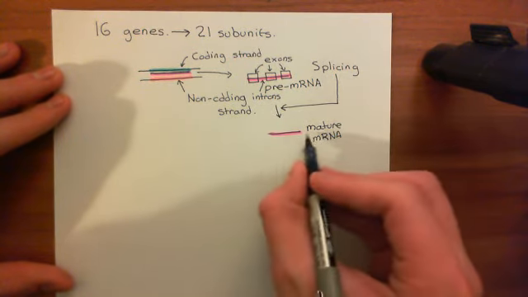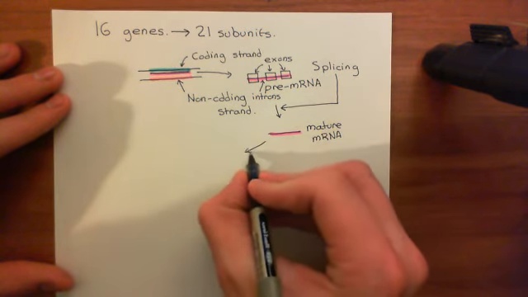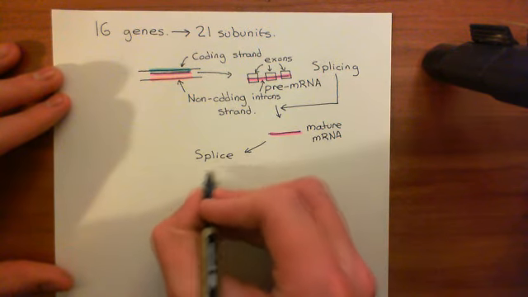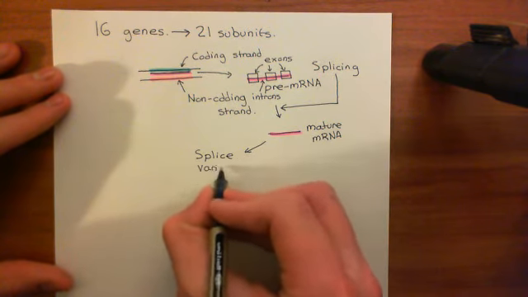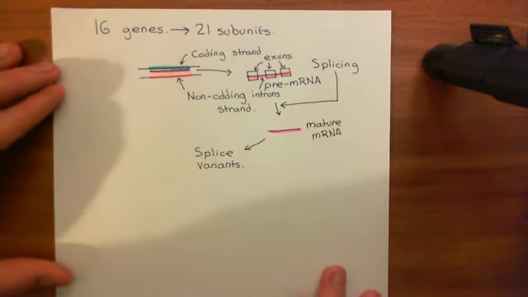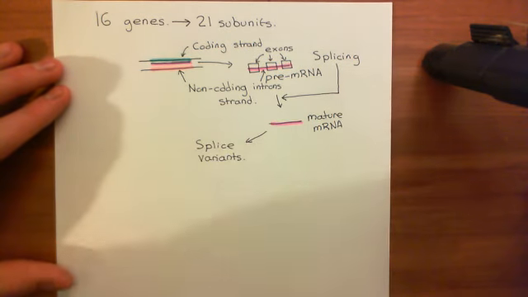It can lead to different mature mRNAs being produced, which will then lead to different proteins, and these different proteins are referred to as the different splice variants of that gene. Certain of the genes for alpha subunits have multiple splice variants, which is how, even though you only have 16 genes, we can get 21 different subunits.